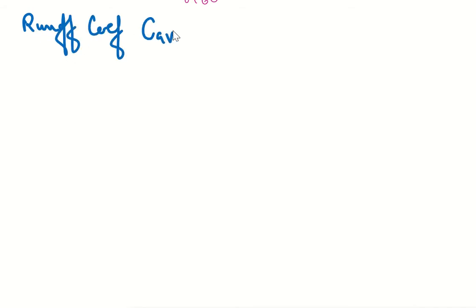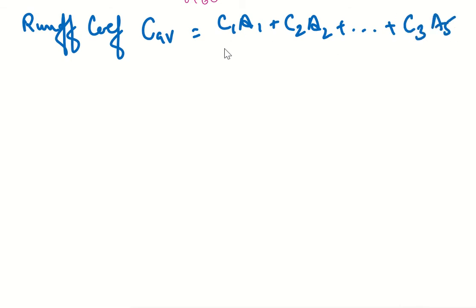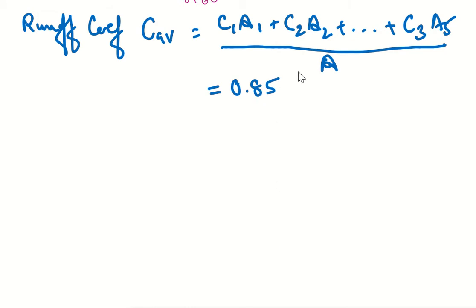C average will be equal to C1 A1 plus C2 A2 plus and so on, up to C5 A5, since the area has been divided into 5 partitions, all divided by the total area A. So this will be equal to: the first one is 0.85 into the percentage area.